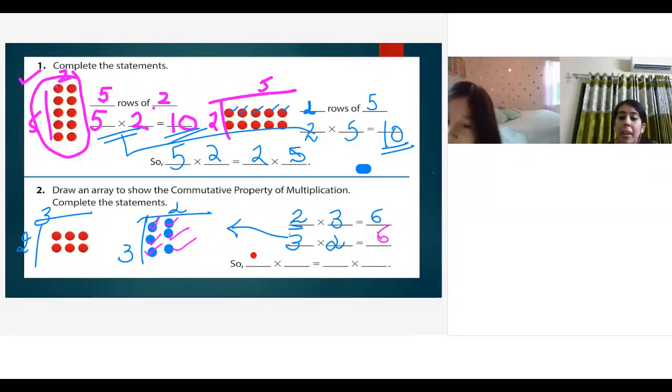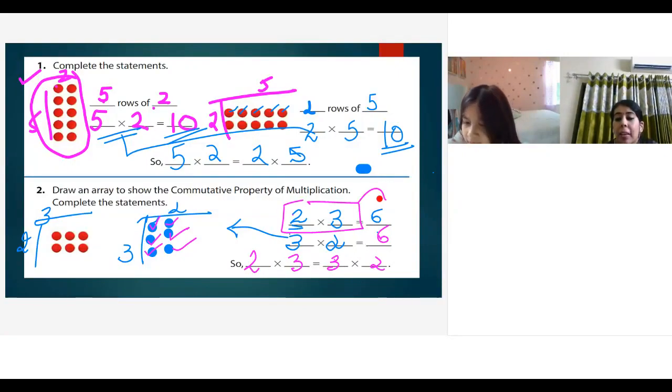So I can write 2 times 3 equals 6. 3 times 2 is also equal to 6. So both are equal. Got it? Either way we can do.